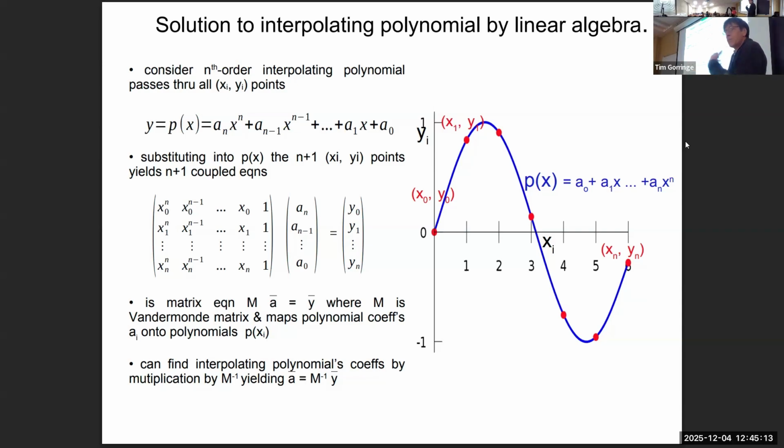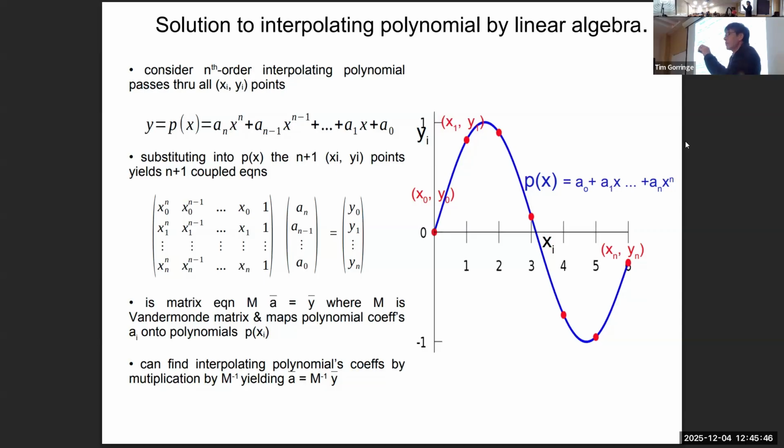So we want to find the coefficients of that polynomial that passes through those data points. And so I've set up this problem here. I want to find this polynomial upstairs here, an nth-order polynomial that passes through n plus 1 data points, n plus 1 pairs of x i's and y i's.